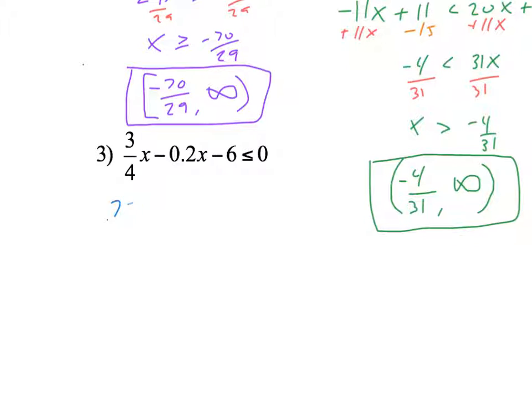So 0.75x minus 0.2x minus 6 less than or equal to 0. So like terms, 0.75 minus 0.2 would be 0.55x minus 6. Oh, pretty easy there. So I'm going to kick this 6 over.